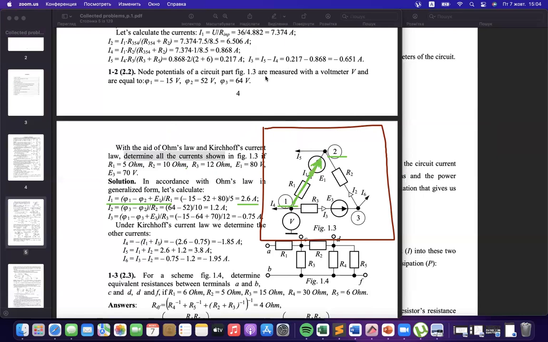Then you could apply the same formula on current number 2, potential 3 minus 2 divided by the resistivity. From the initial data, it is 1.2 amperes. And the same with current number 3. Phi1 minus Phi3 plus electromotive force over the resistivity, it will be minus 0.75 amperes.